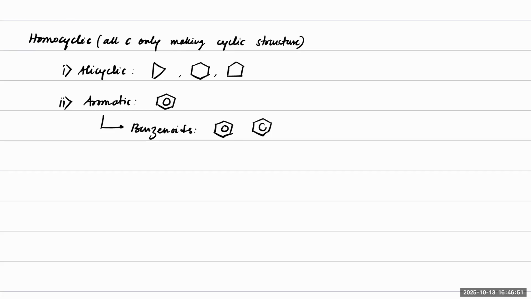This is naphthalene. Third one is anthracene. Naphthalene, anthracene, phenanthrene. If you notice, this is phenanthrene. These are all benzenoid forms.